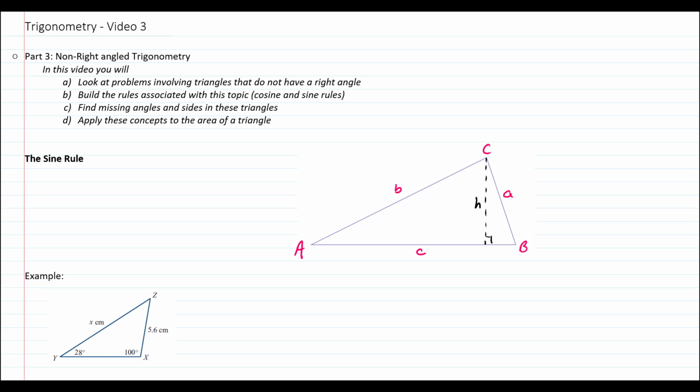So to develop the sine rule, I'm going to start by recognizing that I have two sine rules within right angled triangles.